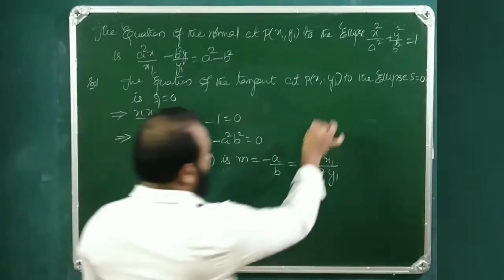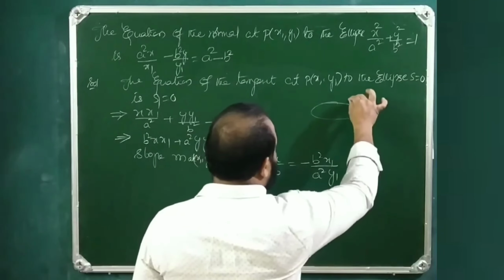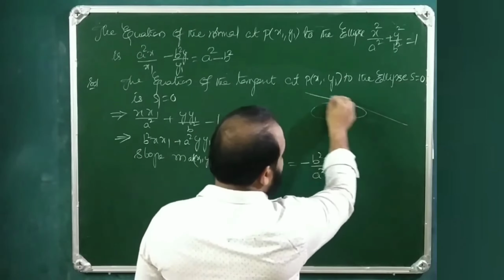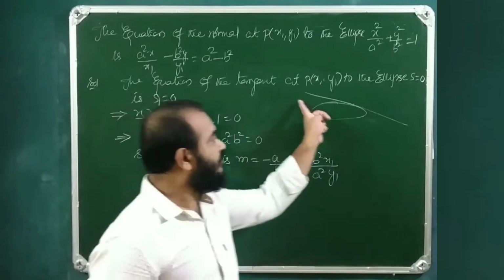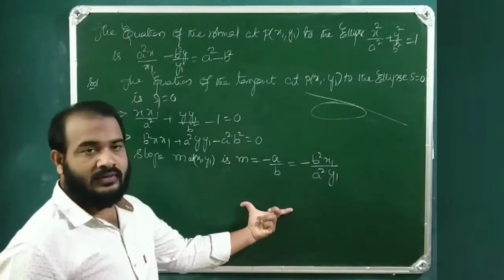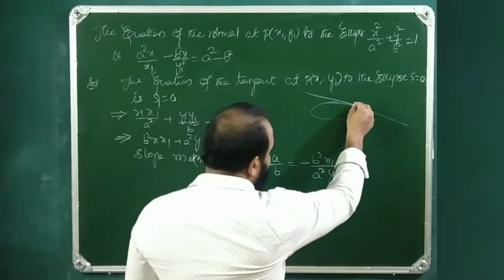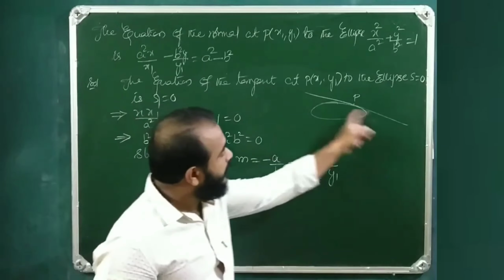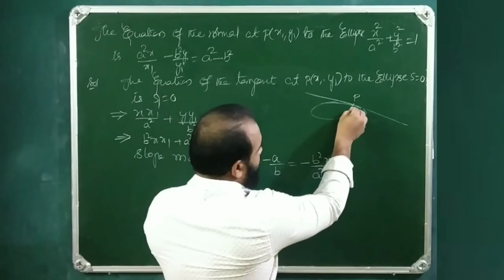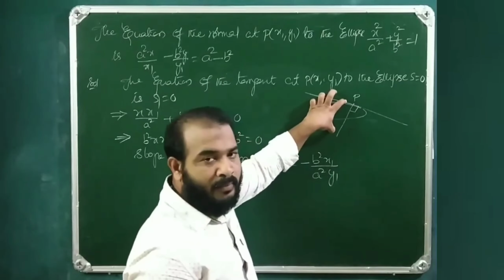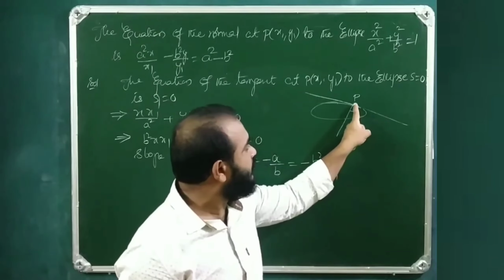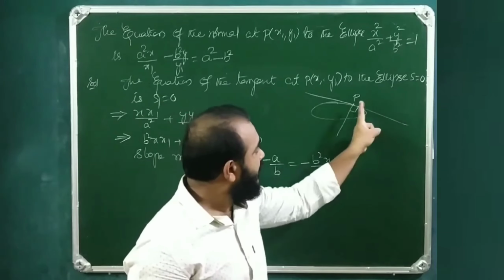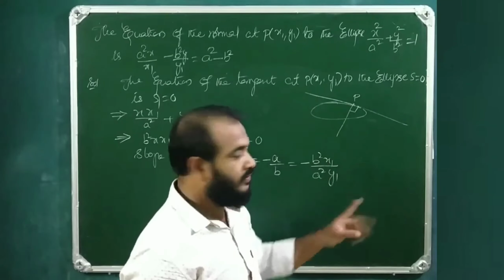So this is the ellipse and this is our tangent, and the slope of this tangent is this. But the normal is a straight line which is perpendicular to this tangent. So this normal is perpendicular to the tangent and passes through the point of contact of the line and the ellipse.